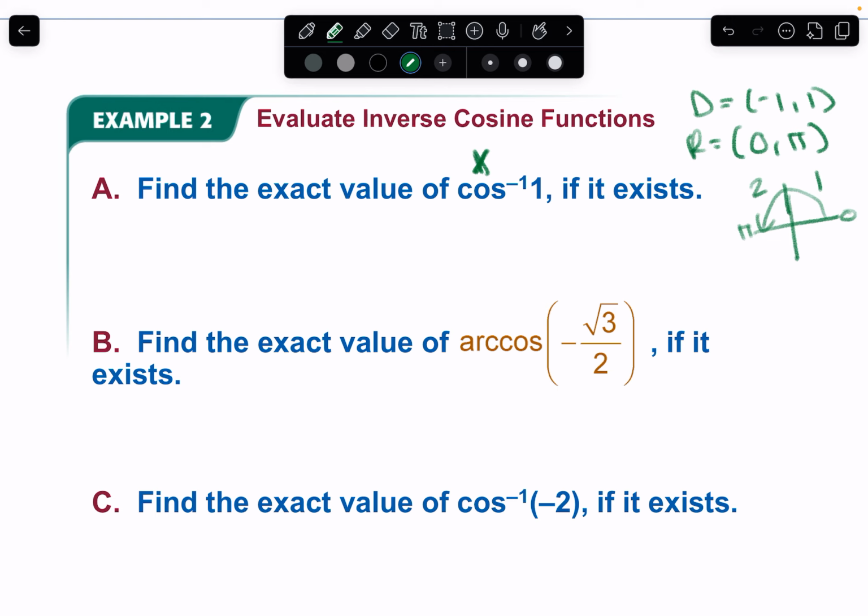So for this first one, you are finding the x value between 0 and pi that equals 1. So looking at your unit circle, there is an x that equals 1 on this ordered pair, which the degree measure is 0.